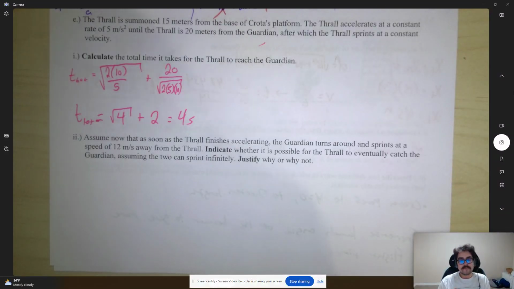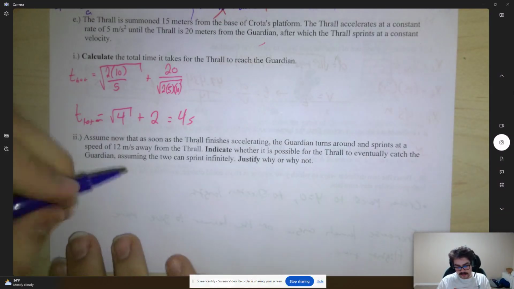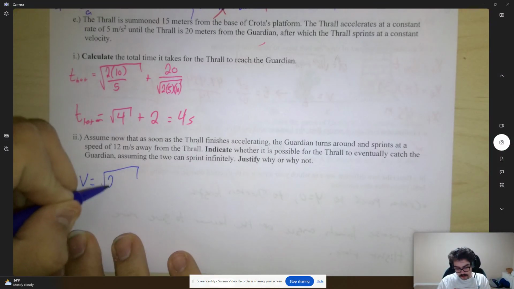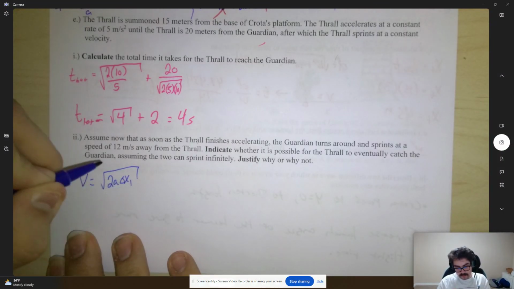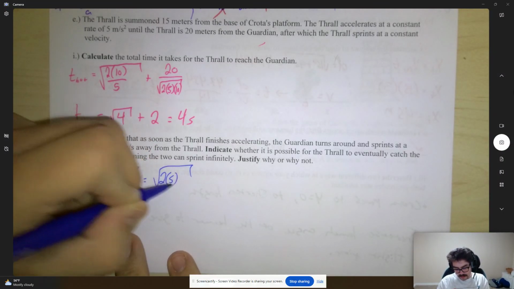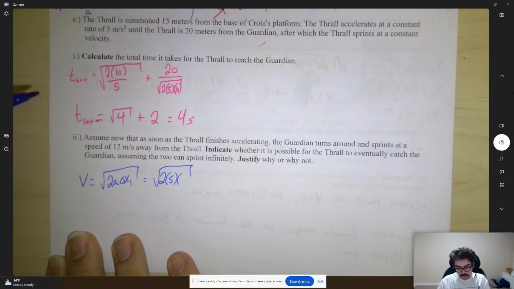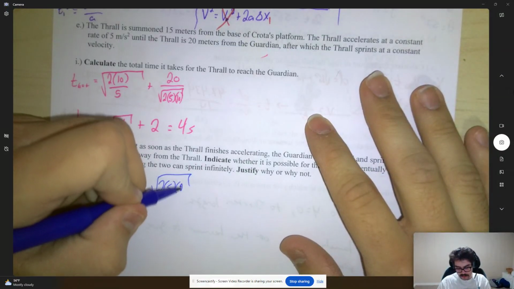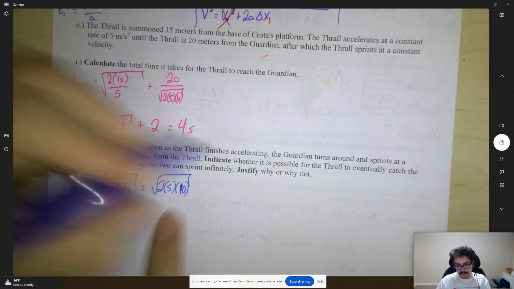Okay. Well, the final velocity was given as root 2a delta x1. So if I plug in my numbers, 2 times 5 times delta x1, which we said was 20, right? No, sorry, 10. This gives me 10.